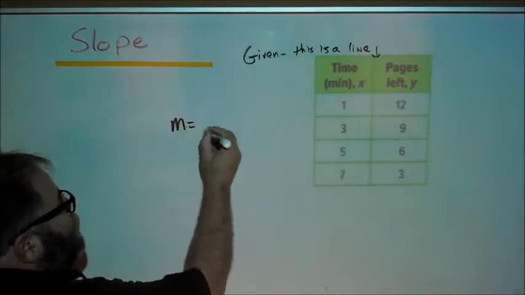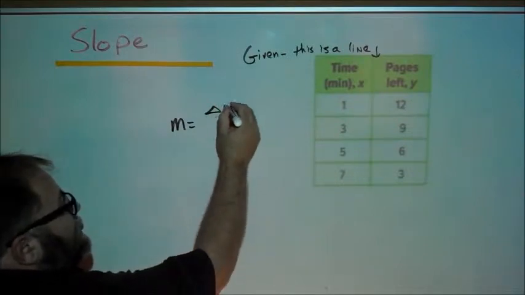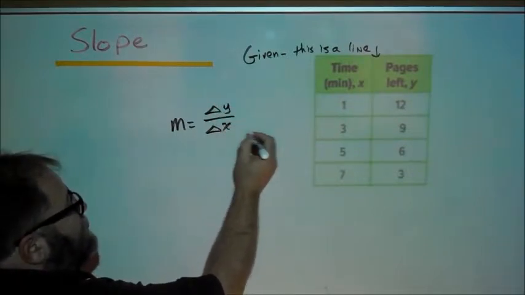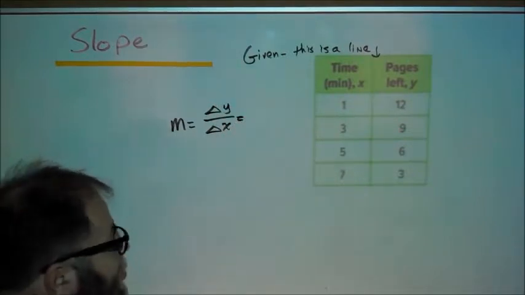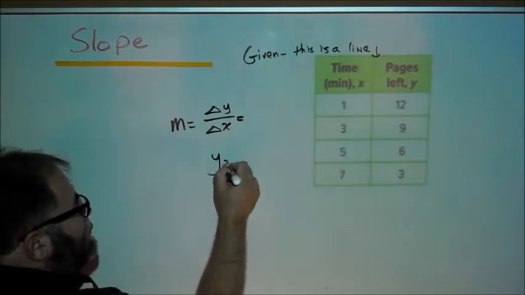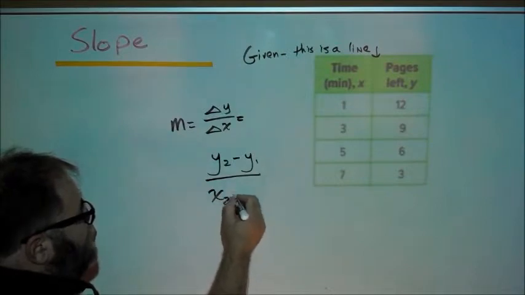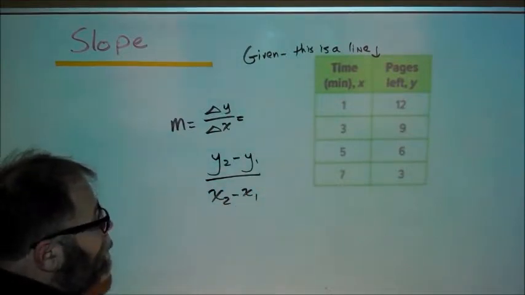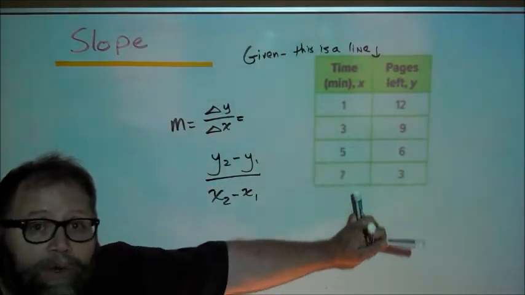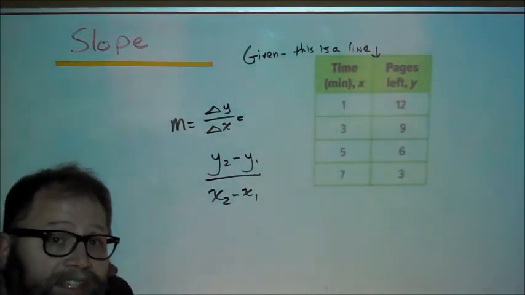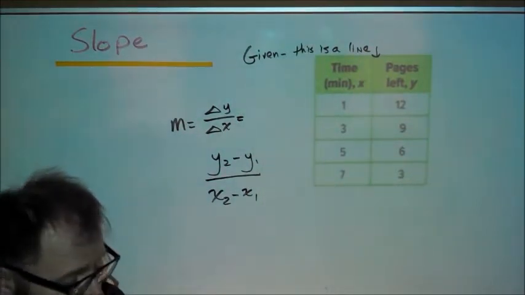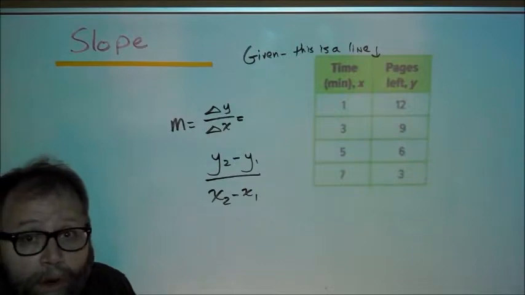Slope is the change of y over the change of x. We use the slope formula to say y sub 2 minus y sub 1 over x sub 2 minus x sub 1. And it does not matter which points we pick. We can pick them next to each other. We can pick them far apart. But because this is linear, it will work.